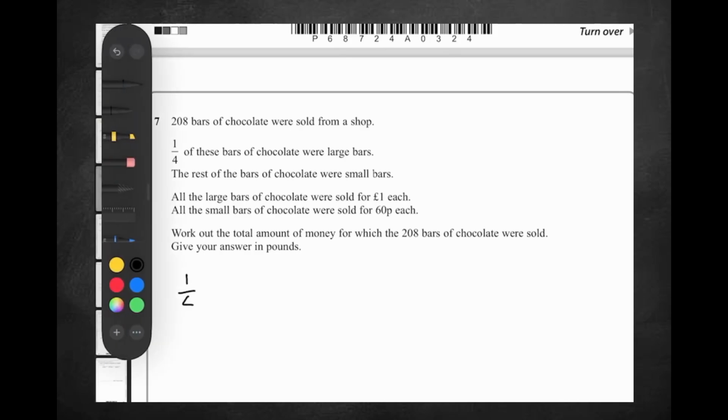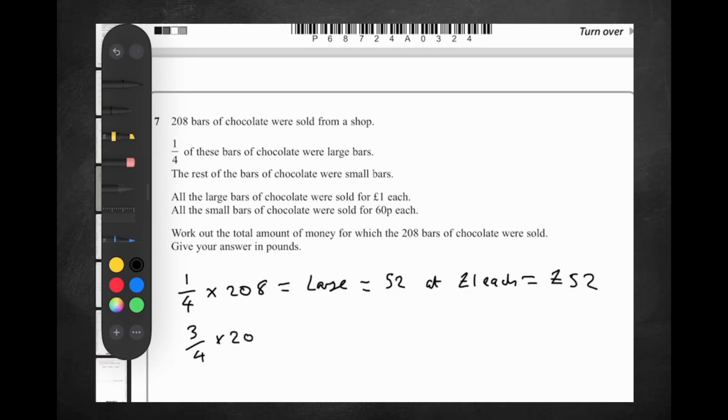So 1/4 times 208 is going to be the large bars. I'll do that on my calculator. 208 divided by 4 is 52. At £1 each, it's going to be £52. Then 3/4 times 208, which is the rest of them, is small.